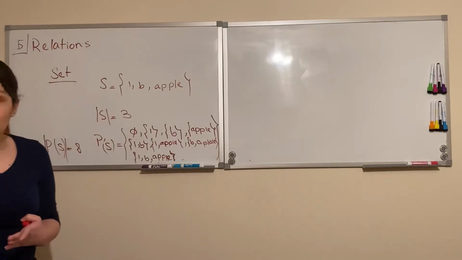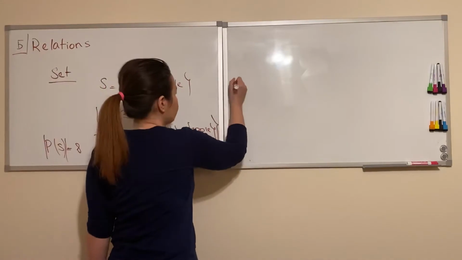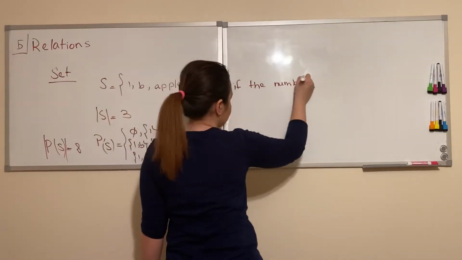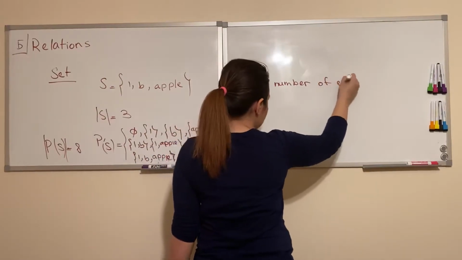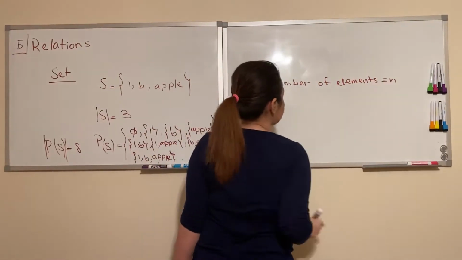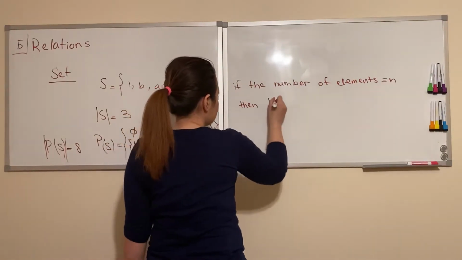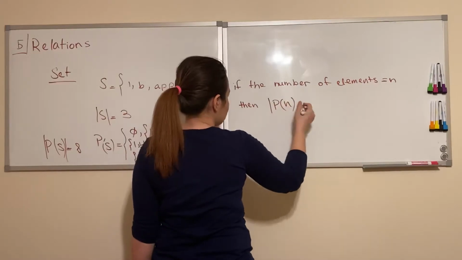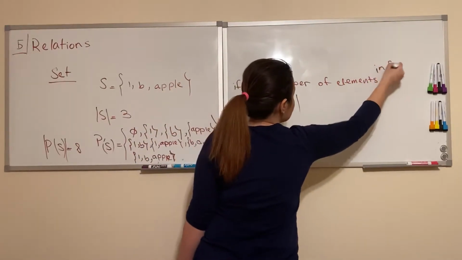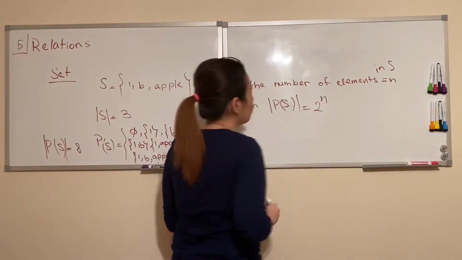Actually, if the number of elements in S is equal to n, then the size of P of S is equal to 2 to the power of n.